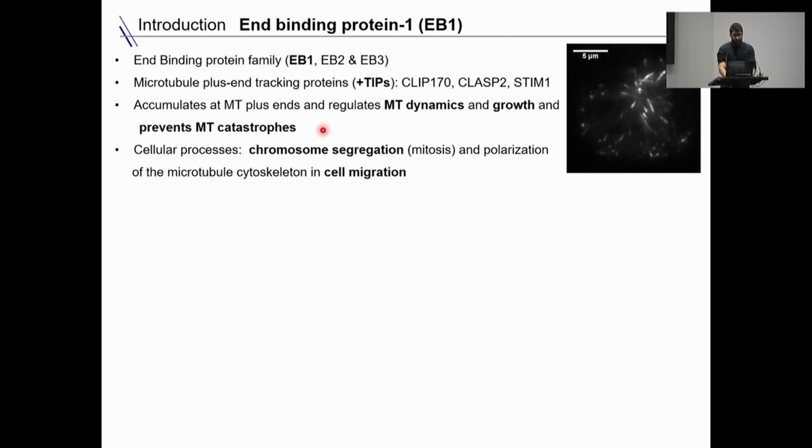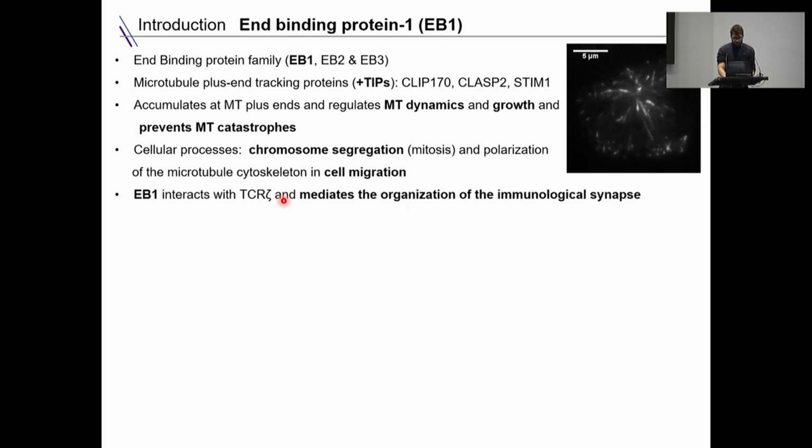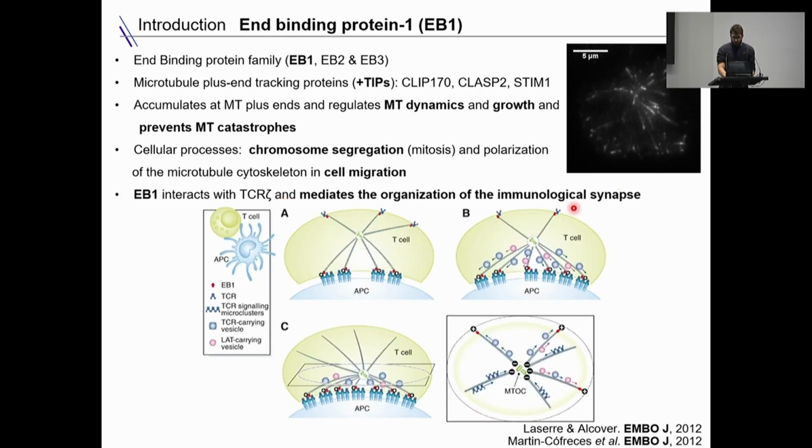EB1 regulates different functions in the cell, such as chromosome segregation and cell migration. And in 2012, it was discovered that EB1 regulates the organization of the immunological synapse, and this is because of its interaction with CD3 zeta or TCR zeta.